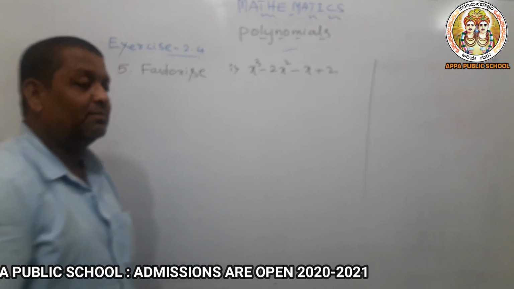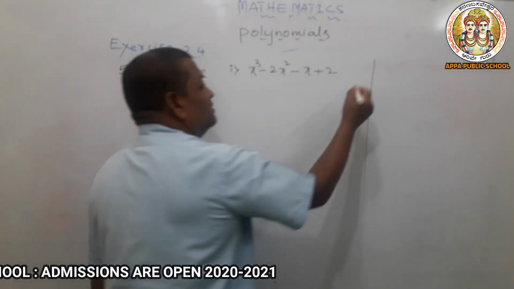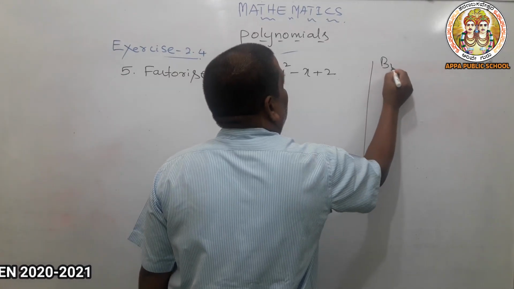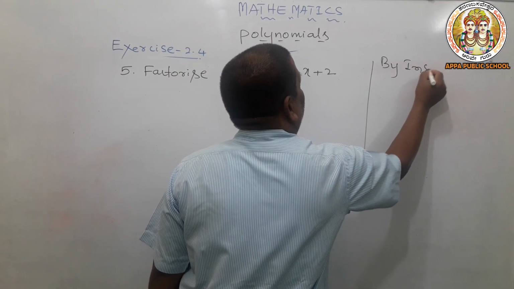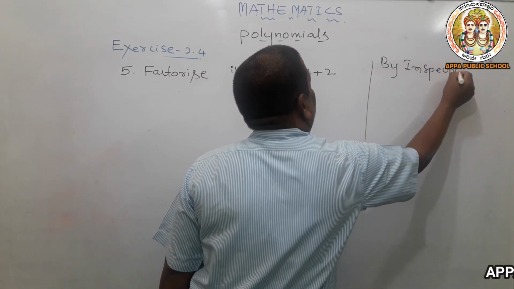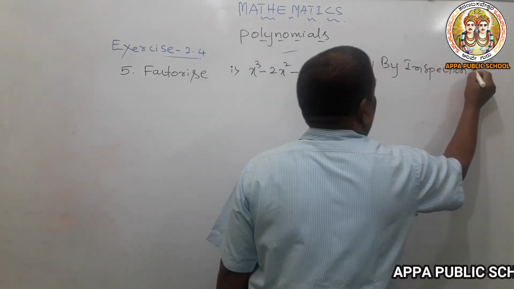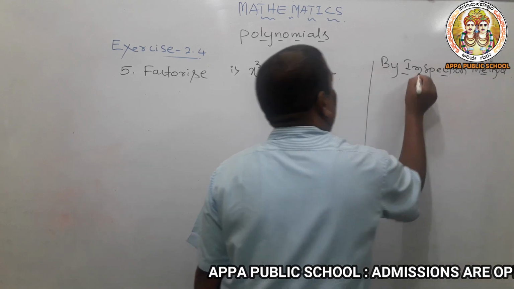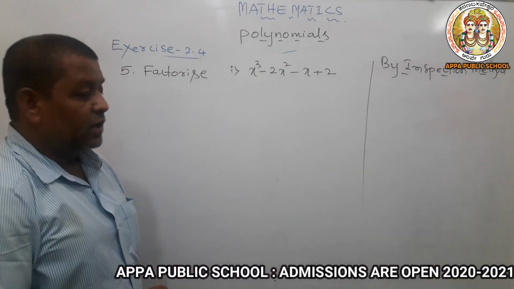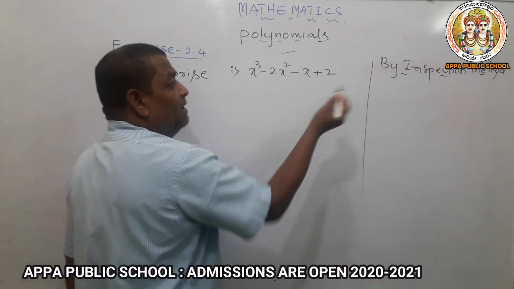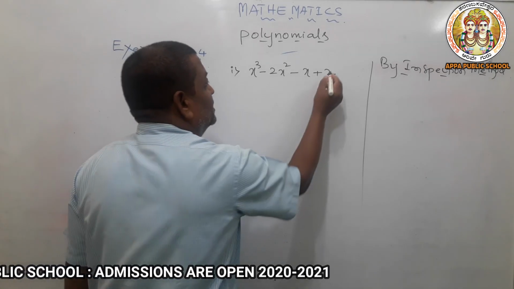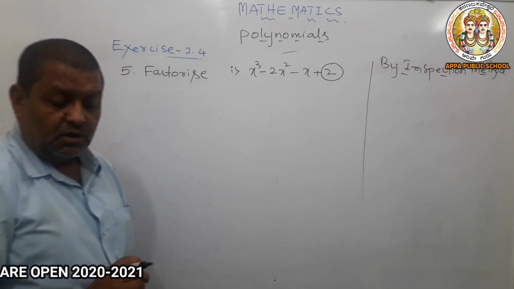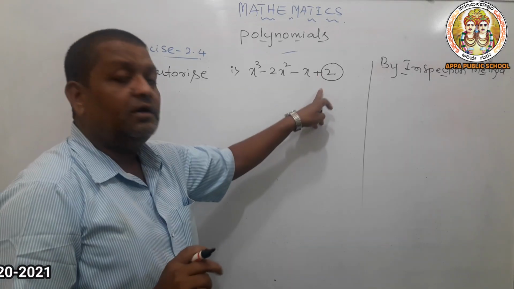Okay, let me explain what you mean by inspection method. You observe first the last constant. So the last constant is what? 2.